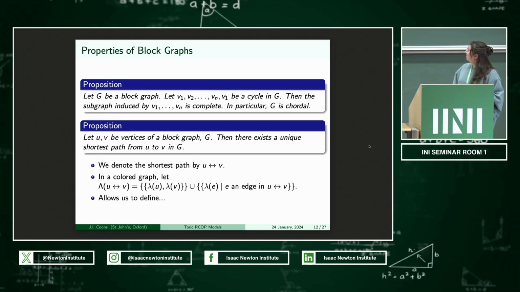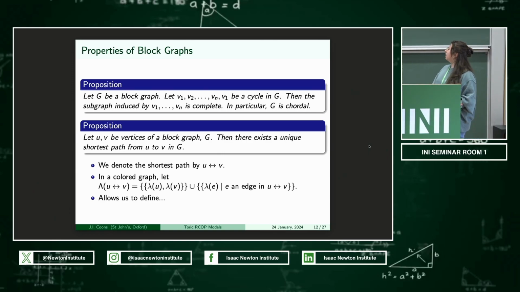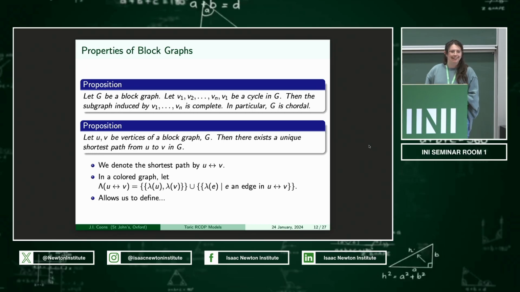Okay, I think I was in the middle of this proposition. Another nice fact about block graphs is that for any 2 vertices, there's a unique shortest path between them in the graph. This is when I said there's only one way to get from U to V, which Vidit noticed is not true at all in that graph.